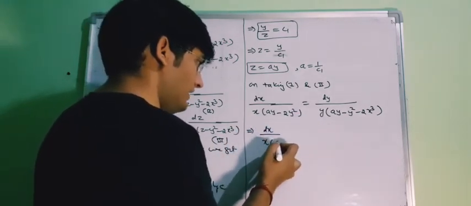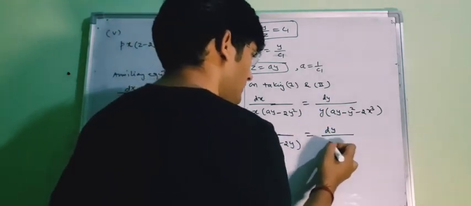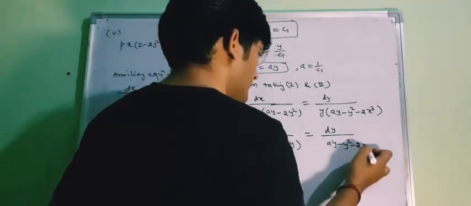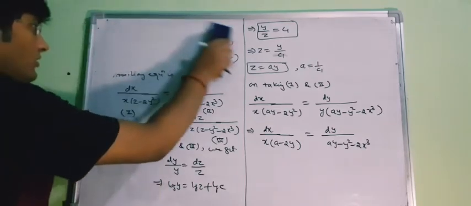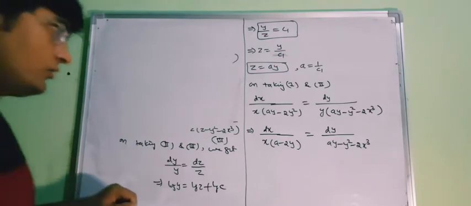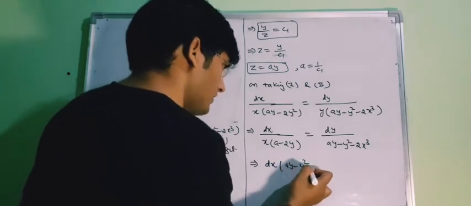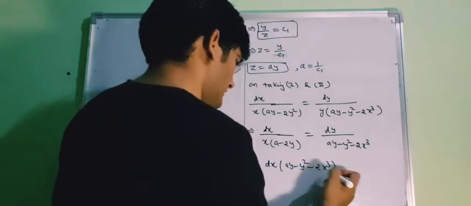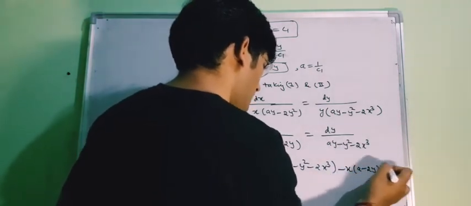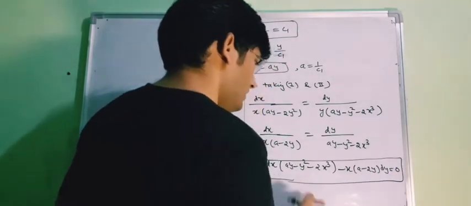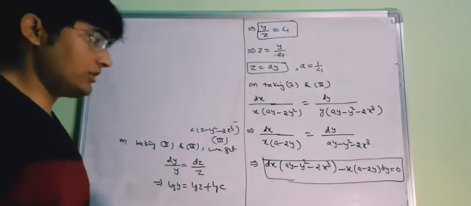So you will get x a minus 2y is equal to dy upon ay minus y square minus 2x cube. We can cross multiply these two terms. So we will get dx into ay minus y square minus 2x cube plus dx minus x into a minus 2y into dy equal to 0. So this is equation number 1.